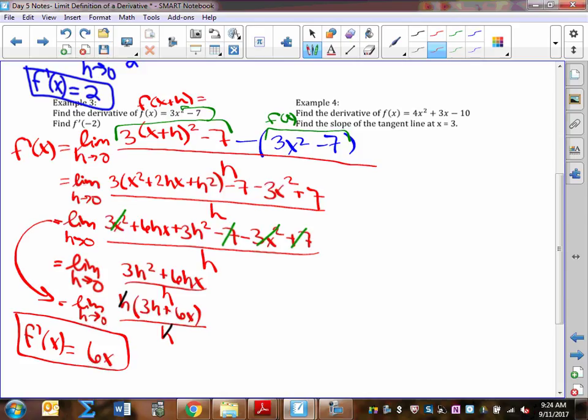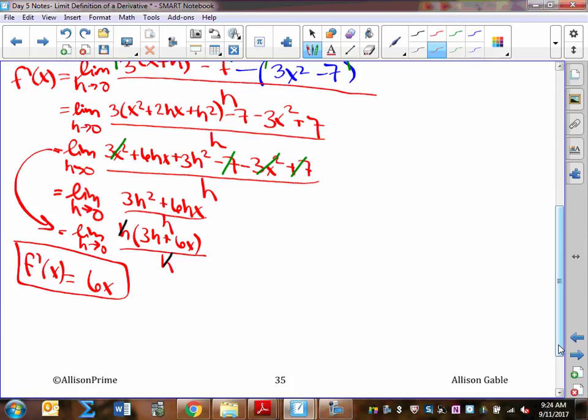Now, we found our derivative, but now we have to find f prime of negative 2. What do you guys think we do to find that? Just substitute in negative 2. Could you pull out a 3? That's a good question. Yeah, then you would have still had the 3 multiplied by 2x.